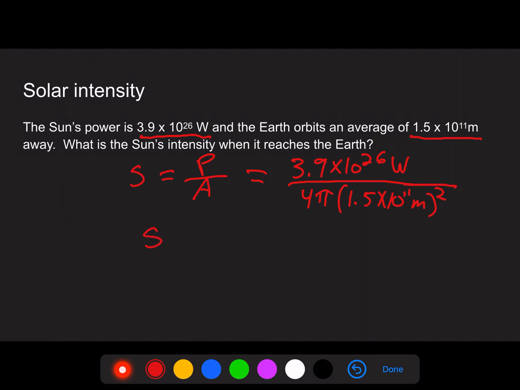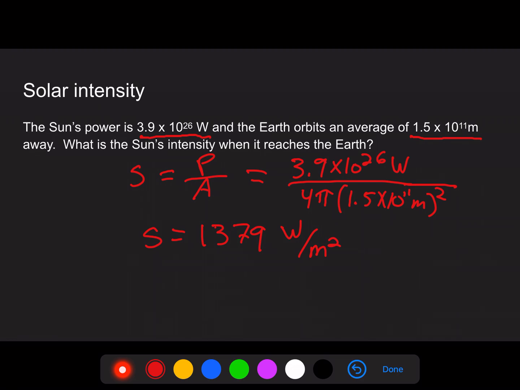Plugging that into my calculator, I should find that the solar intensity will be something around 1379 watts per square meter. Okay, so two examples of how you would work with that equation for intensity to calculate what the intensity of a light source is at your location.